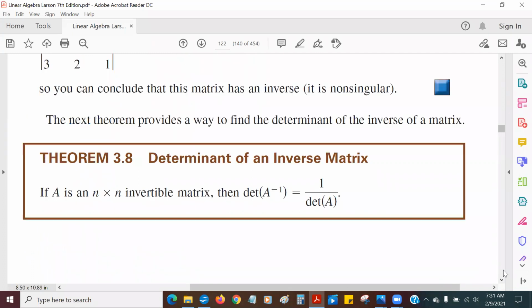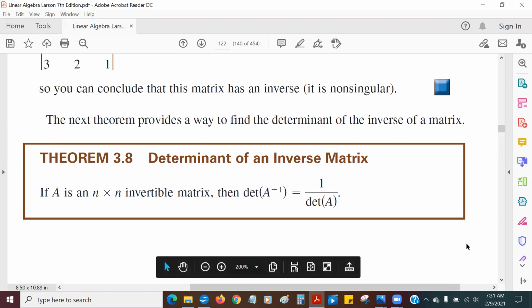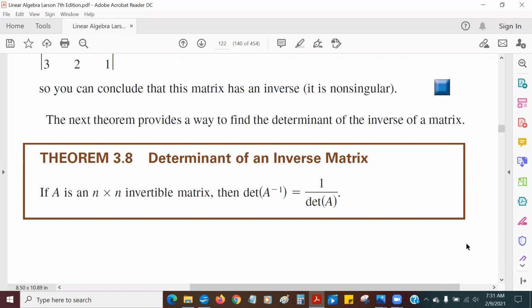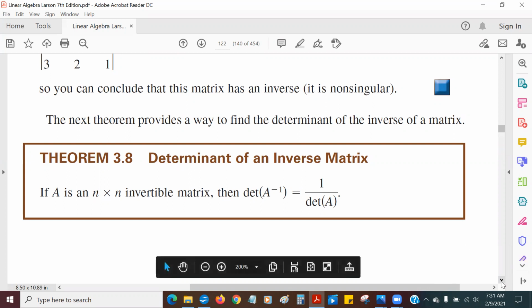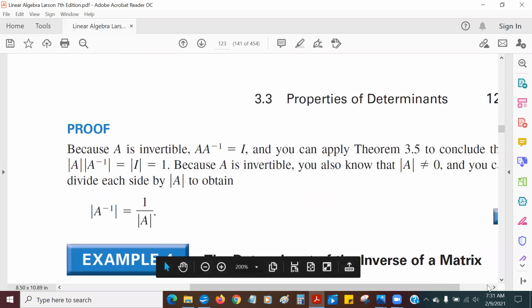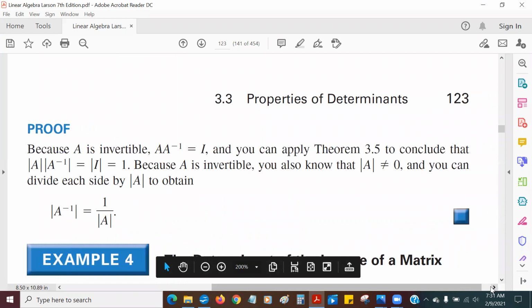Now, what about the determinant of an inverse matrix? The determinant of an inverse matrix is going to be the reciprocal of the determinant of the original matrix, and that's really simple. That follows from the product rule we talked about.